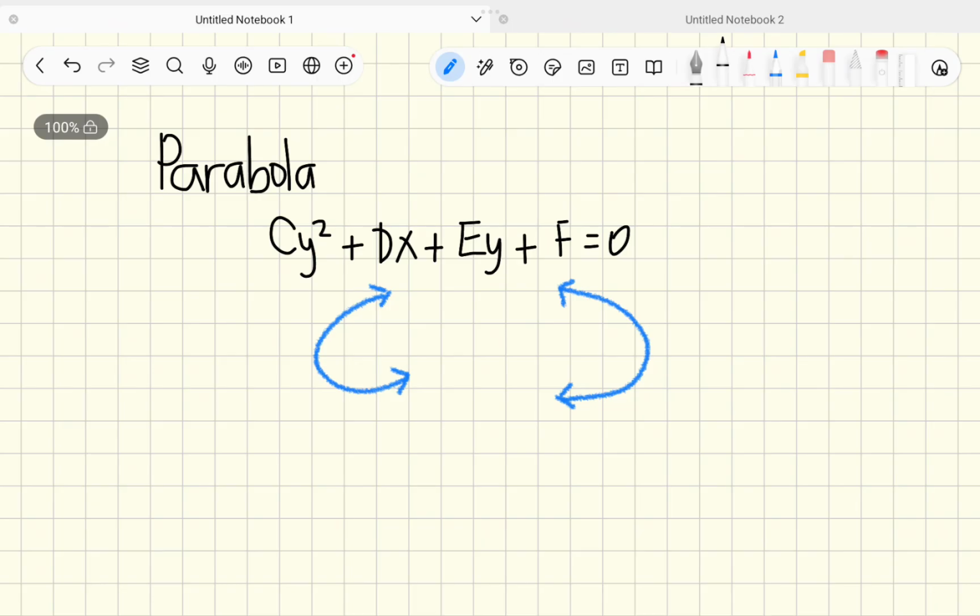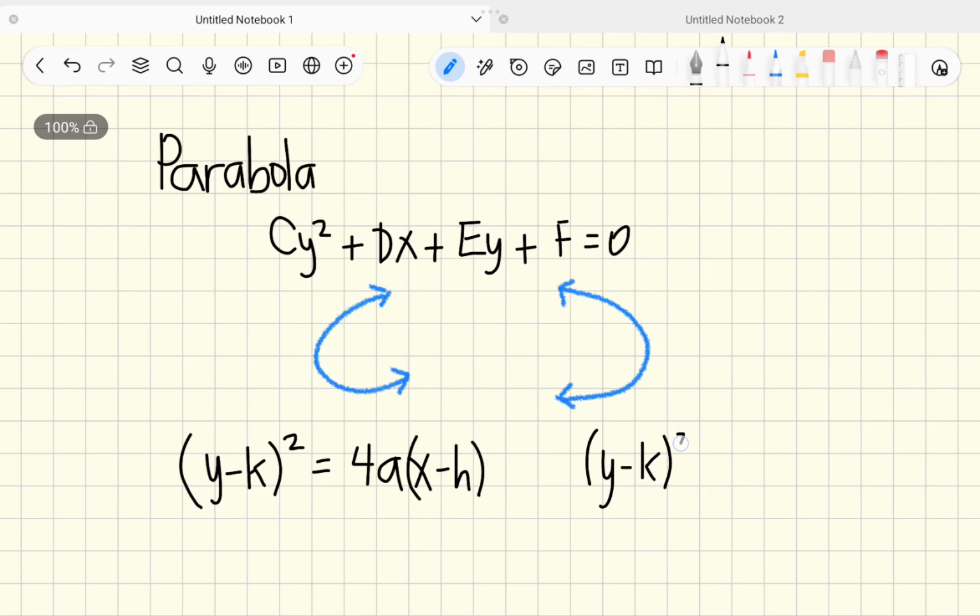And then you have y squared, so (y minus k) squared equals positive 4a times (x minus h) if it's facing the right side, and negative if it's facing the left.